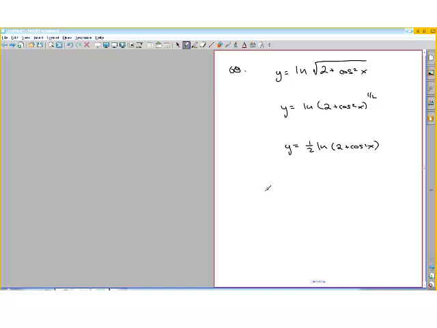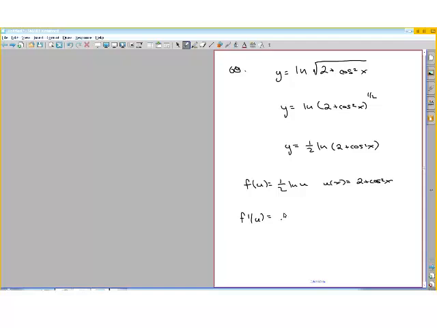So we're going to choose, let's say, f of u is 1/2 natural log of u, and u of x is the term in the parentheses, 2 plus cosine squared of x. So we take the derivative of each one, and you would be tempted to say this is just 2 times cosine of x, but remember that doesn't work that easily, unfortunately.